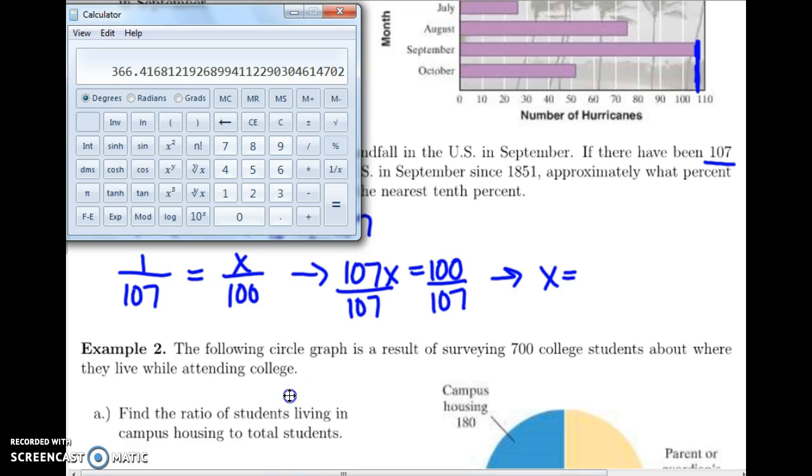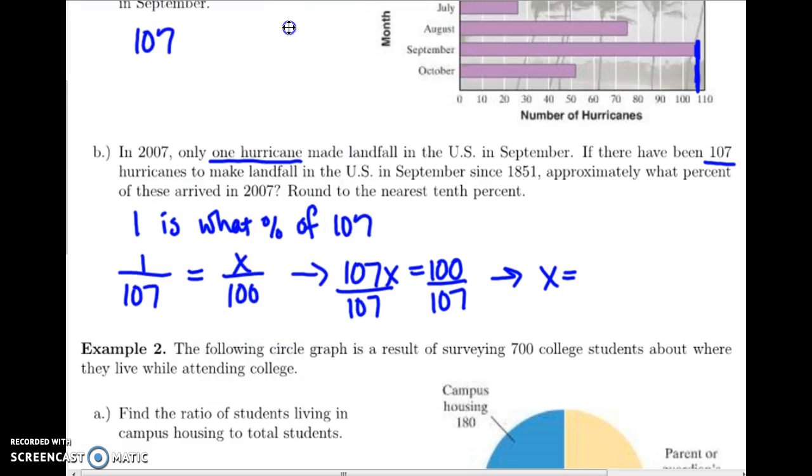Let's just make sure. 107 divided by 100. Oh, I did it the wrong way. Okay, top number, 100 divided by 107. That makes more sense. Nearest 10th percent, 0.9%. So, not too many of them made landfall in 2007.